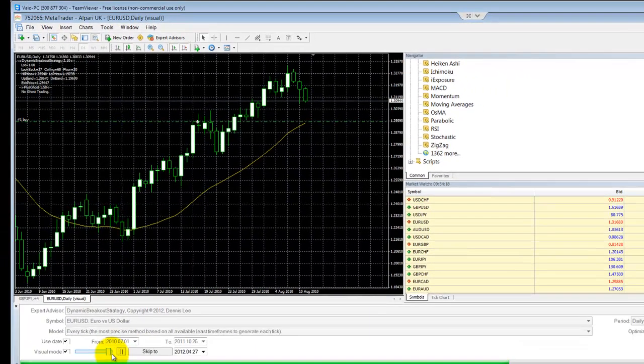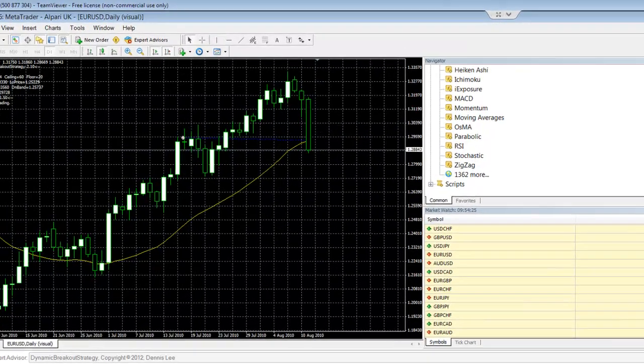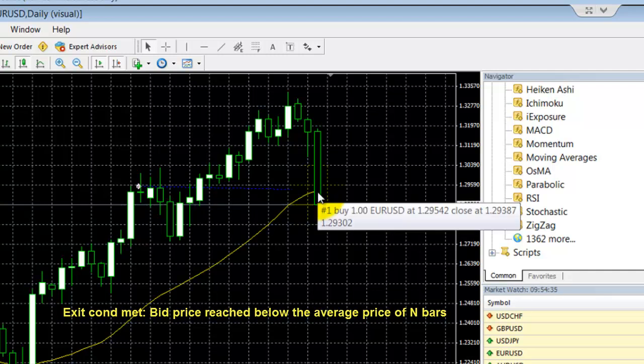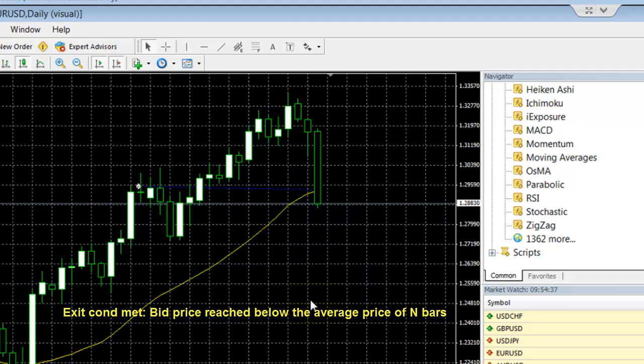So we will fast forward to see what happens. As you can see, the candle has moved below the moving average, and based on our exit condition, this has been met, and therefore the trade closed.